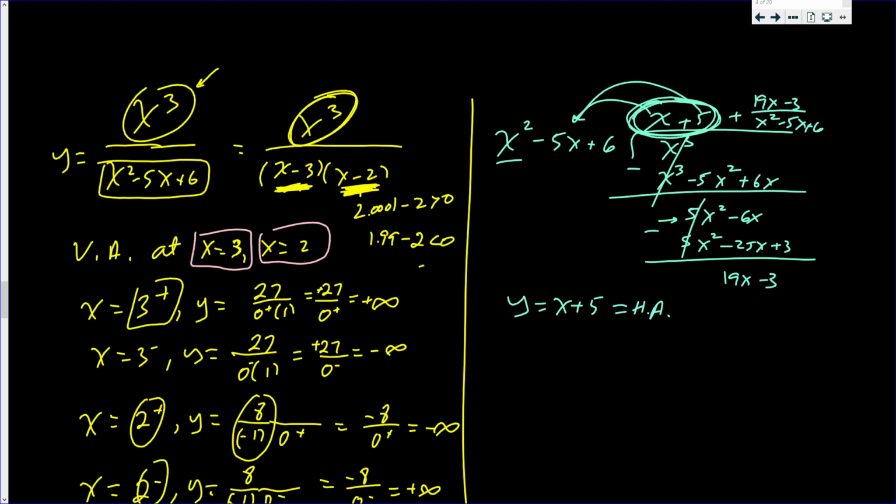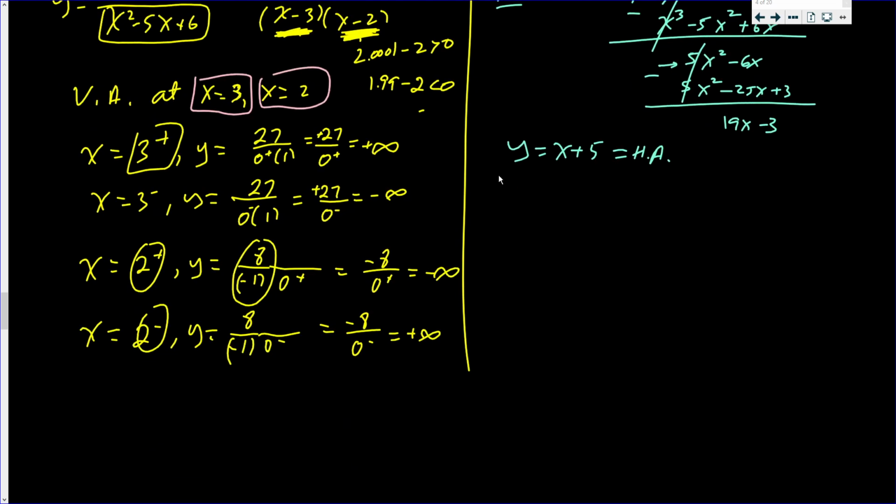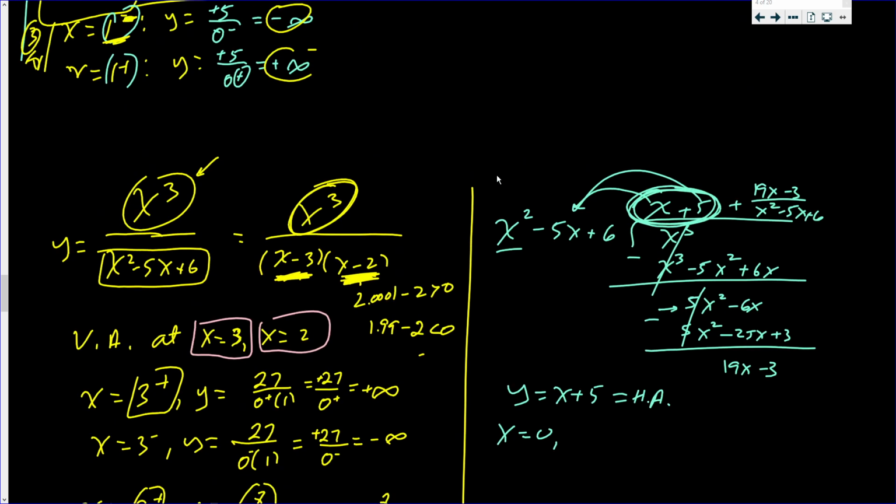That means when x is positively large or negatively large, you're going to get closer and closer to this line. And when x is 0, the top is 0 and the bottom is 6. So y is also 0.